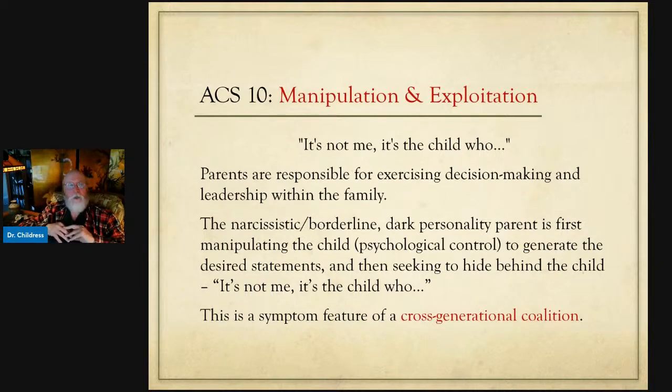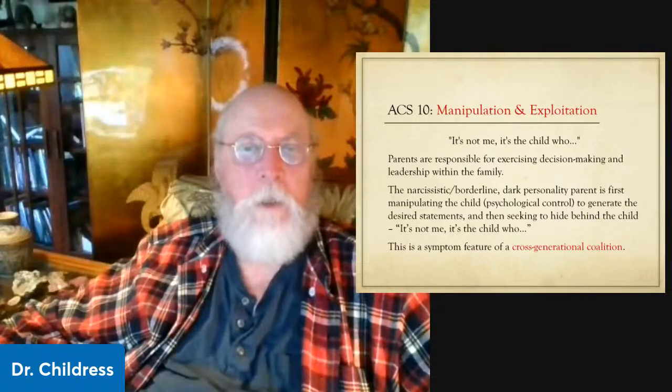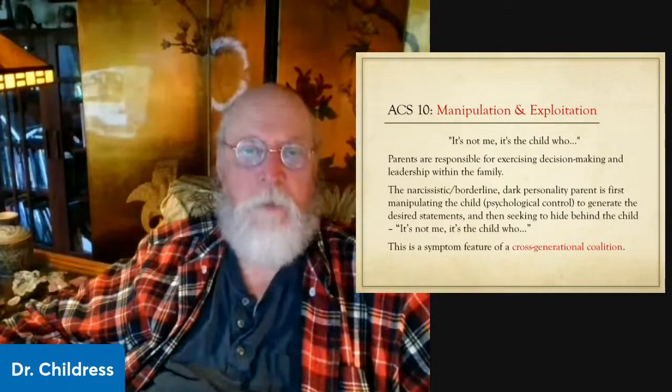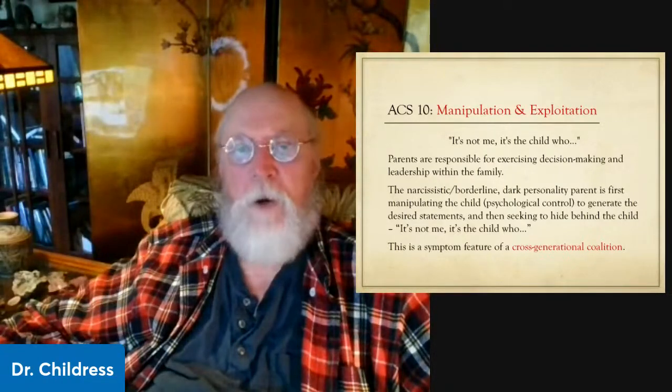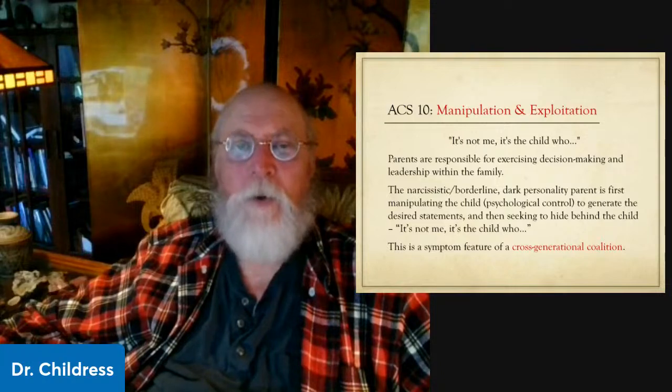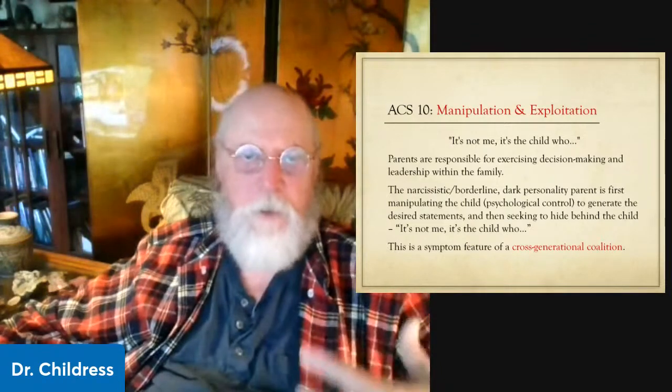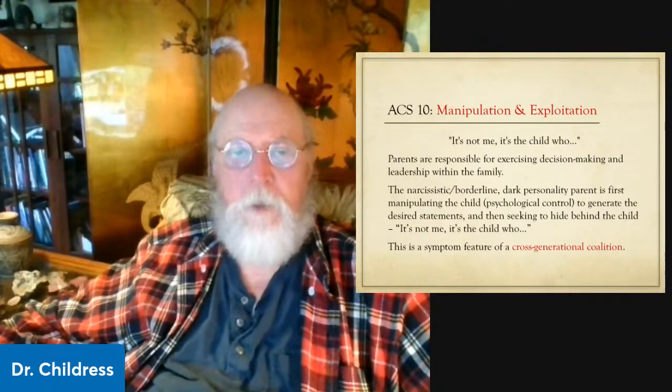So once you get the coalition in place, then the child is in the mesh relationship with the allied parent and is basically parroting what that parent wants out of loyalty to that parent, and because it's a good kid. They have a fragile narcissistic borderline dark personality parent. They have a fragile parent. They're taking care of that parent. They are acting as a regulatory object for the needs of that parent, and so they're kind of being a good kid.